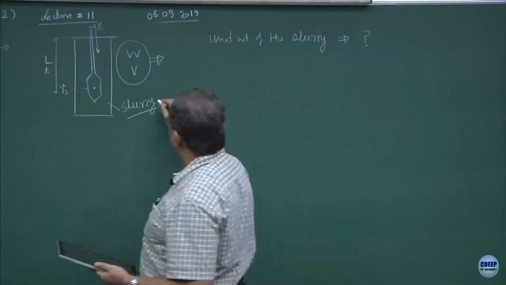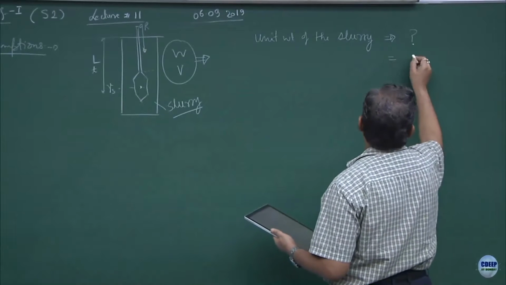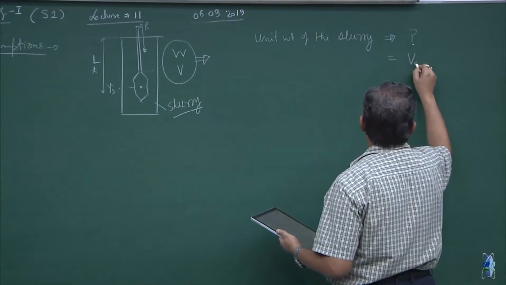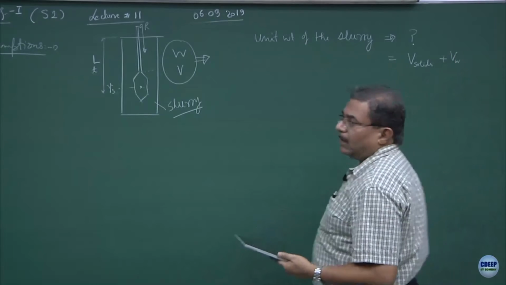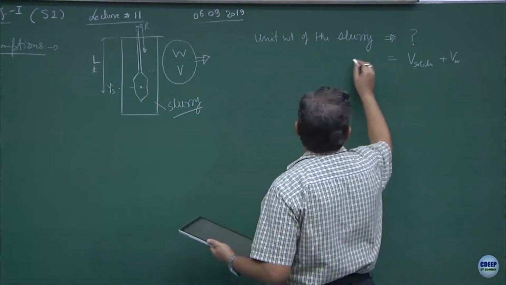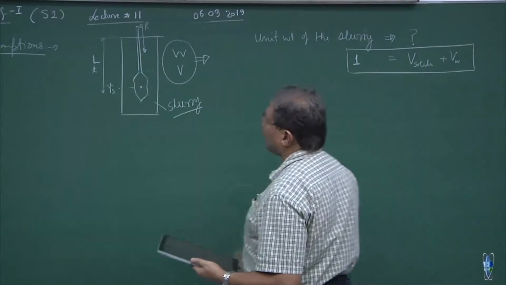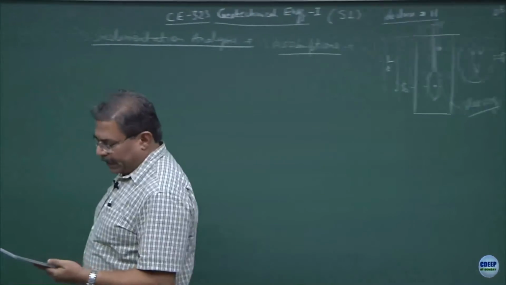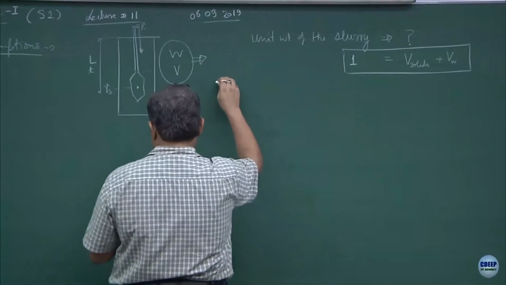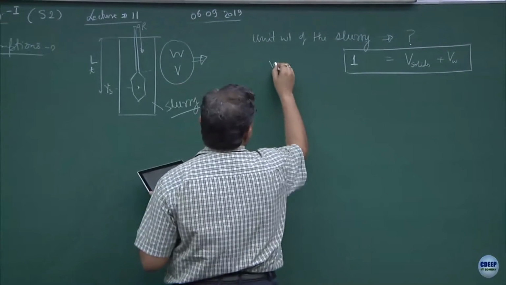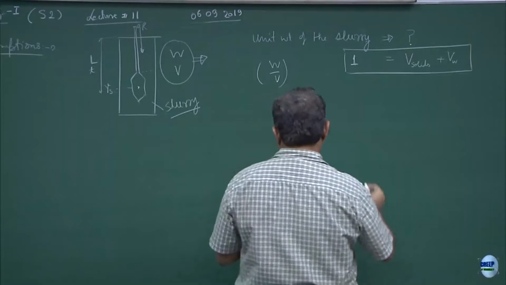I can measure the unit weight of slurry by using a hydrometer, or I can find out the total volume of the solids which I have used plus volume of water, and I can assume that the total volume of the system is unity, and based on this I can derive the total unit weight would be W upon V, and this W upon V would be having components as volume of solids.